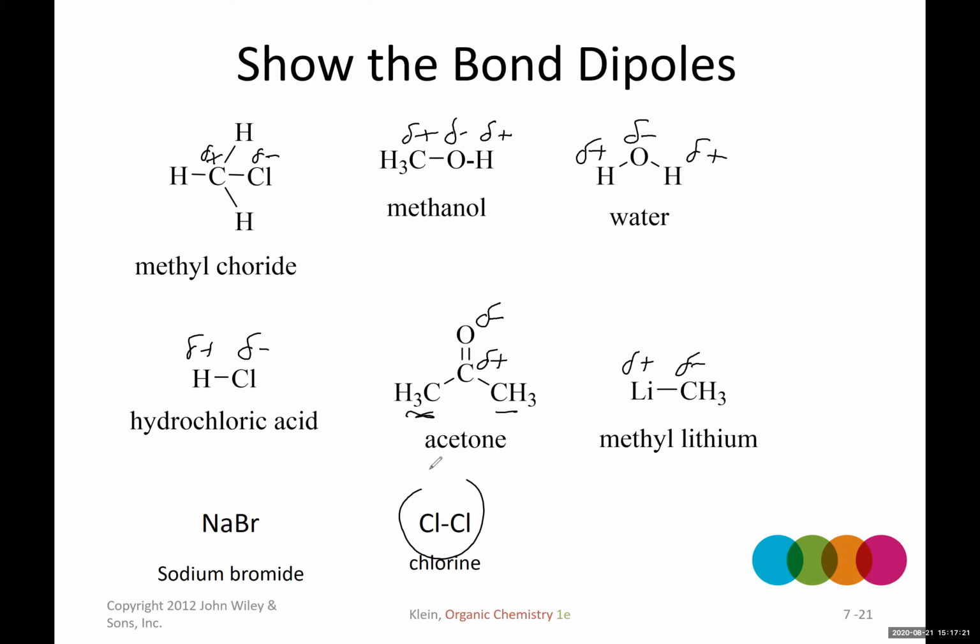And the difference in electronegativity between sodium and bromine is very large, so this really should be thought of as a transfer of electrons and an ionic compound, not a polar covalent bond. So those are the bond dipoles here.